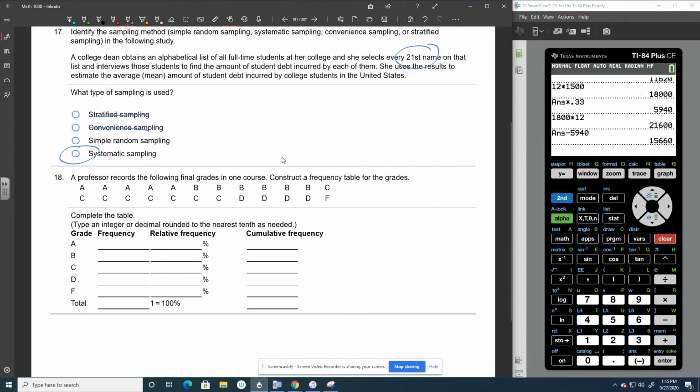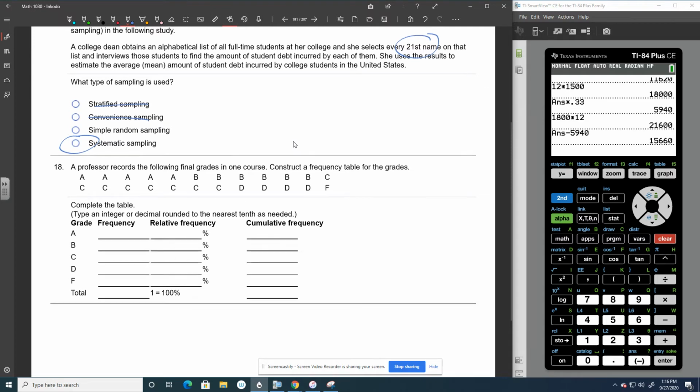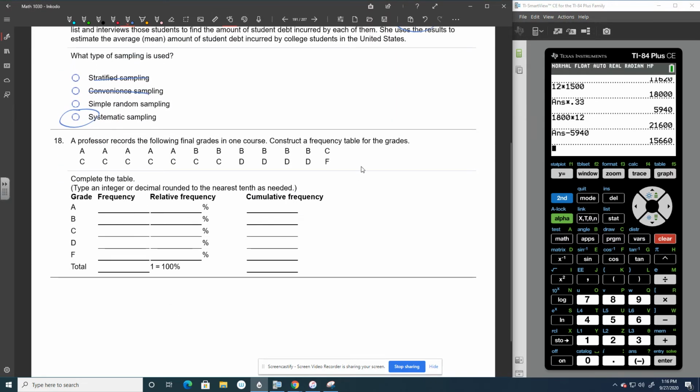Okay. 18, a professor records the following grades in one course. Construct a frequency table. To make the table, like we talked about before, it gives you the categories. You just have to fill it in. A frequency wants to know how many A's I have. So 1, 2, 3, 4, 5. 5 A's.